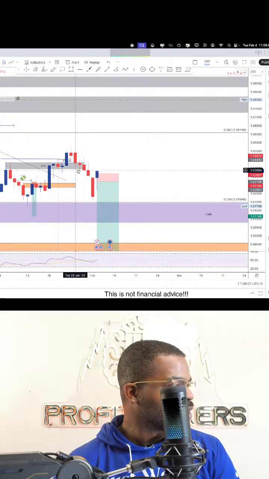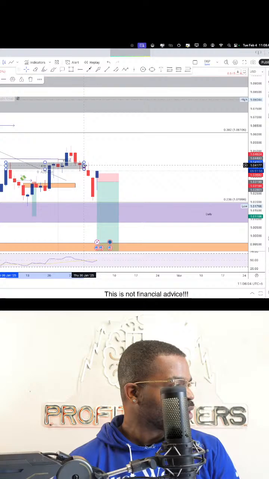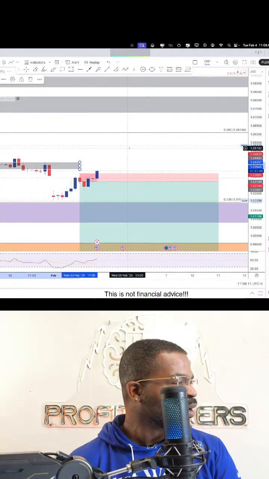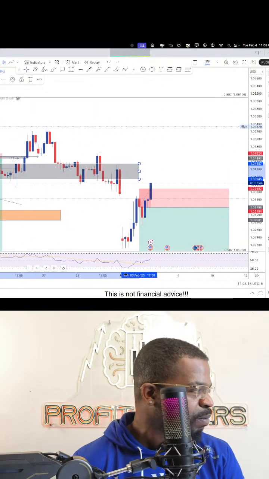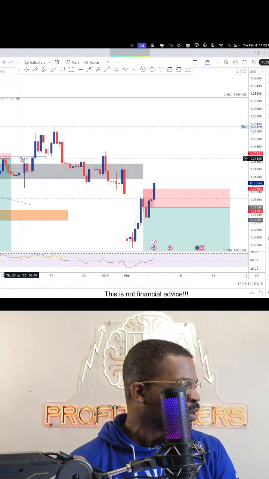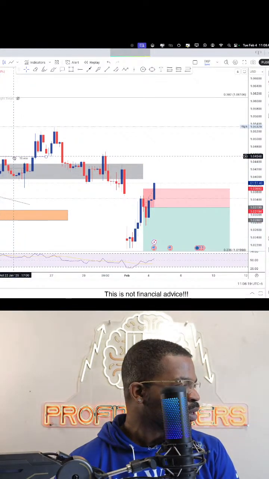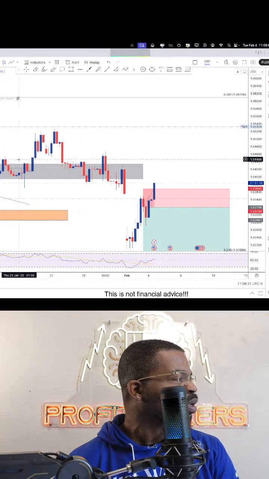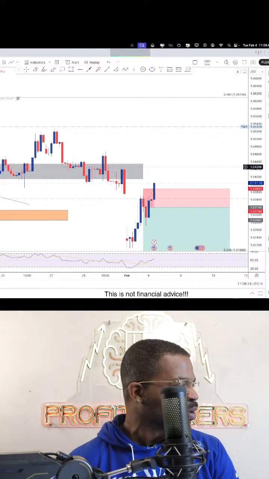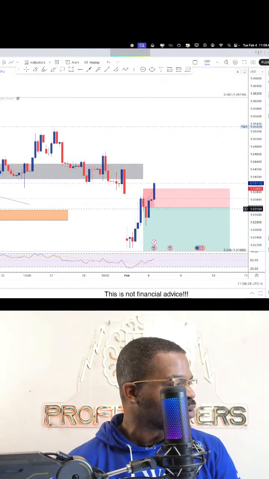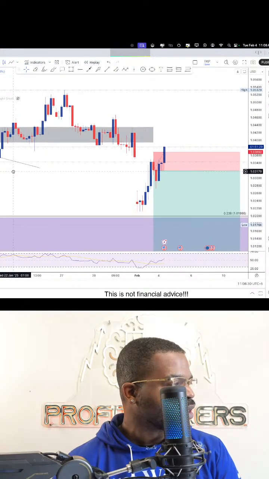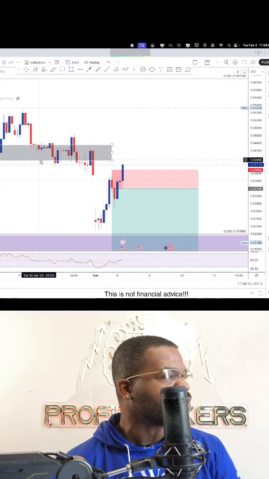Dang, it just snapped up there and filled that gap. What's it gonna do in here? Give me a second, I'm cleaning up this chart, getting rid of these old setups.